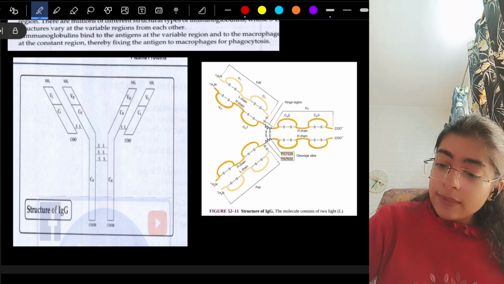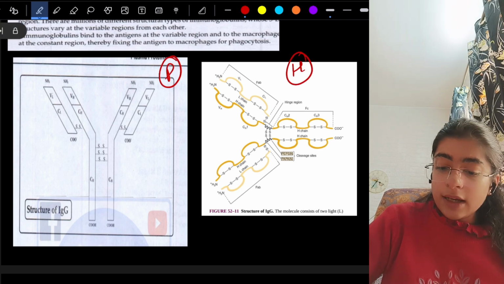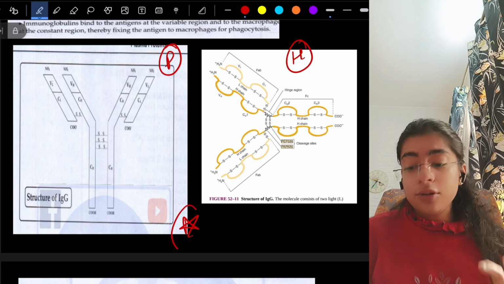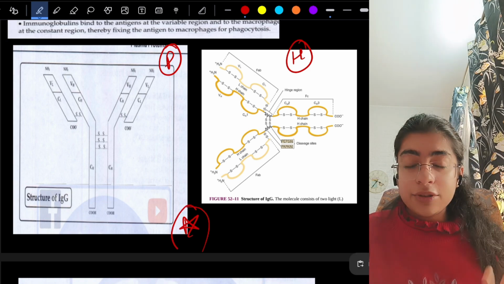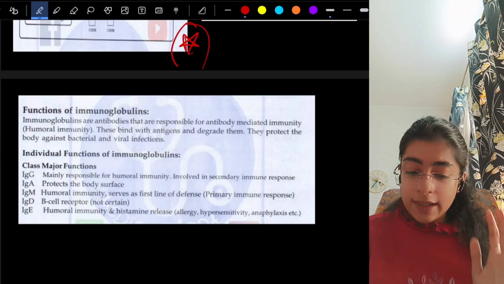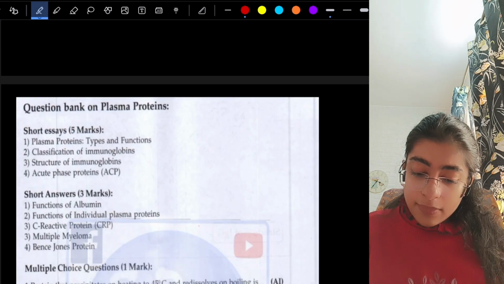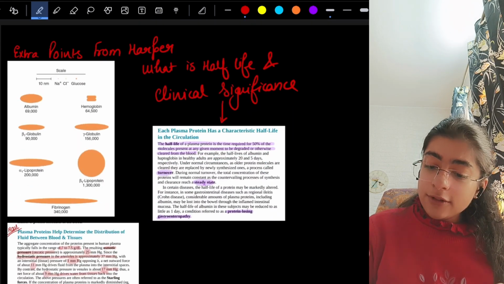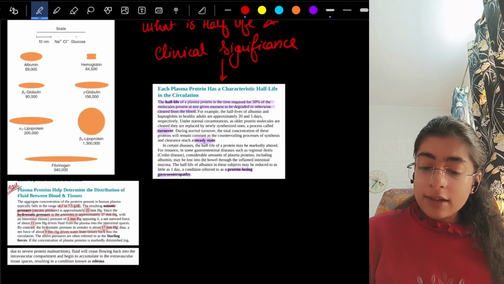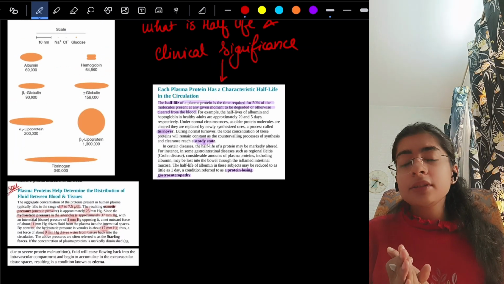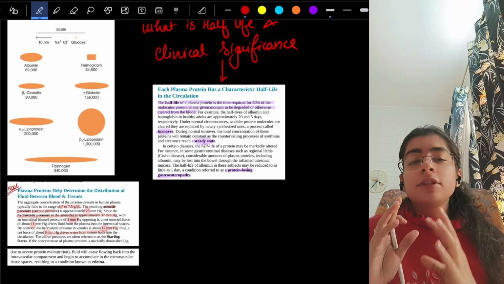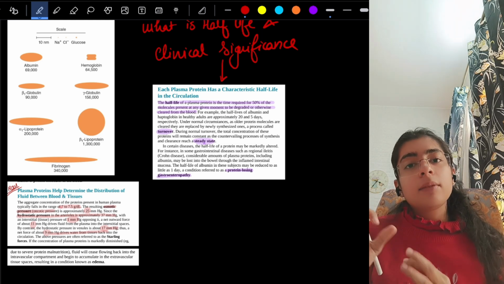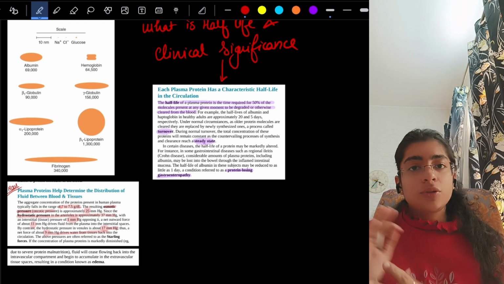I have taken this from Harper and this is from Prasad, and this structure is very important. You will always get a question from it in any of your exams. Now, the question bank is here, and extra points from Harper I have included. I have underlined and made out some questions. The rest of the part given in Harper in the plasma protein chapter, I will cover in the iron metabolism chapter because it belongs to that.